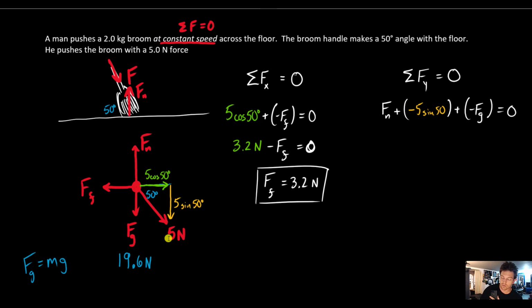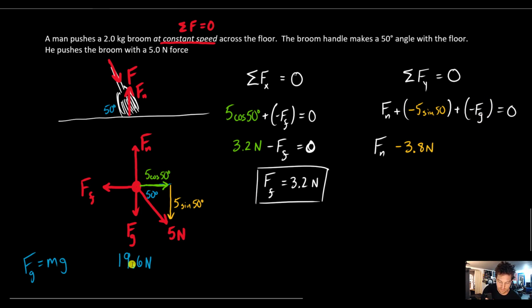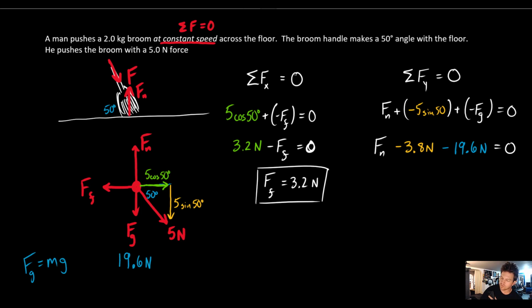So now I'm going to figure out the math a little bit. So normal force, I don't know what 5 sine of 50 is off the top of my head, so 5 sine of 50, 3.8, so minus 3.8 newtons. This force of gravity we figured out earlier is 19.6, so that would then be minus 19.6 newtons, and all of that needs to be equal to 0. Right? So I can simplify this.